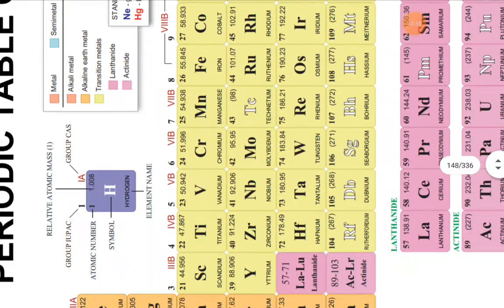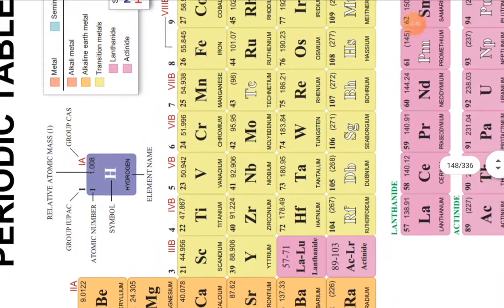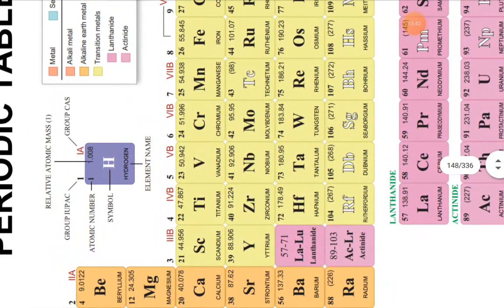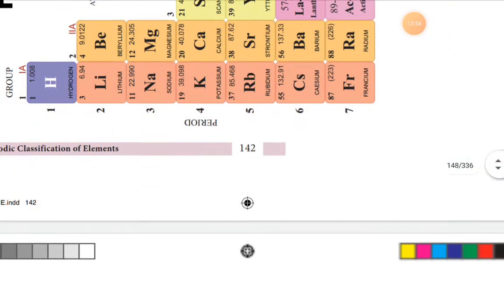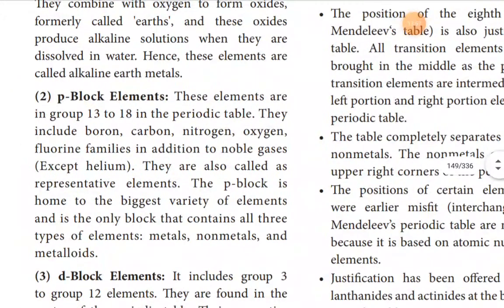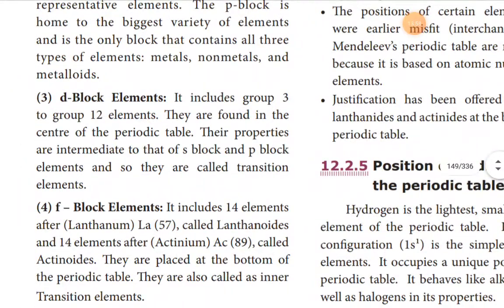So these are the first series of elements in groups 3 to 12, and below that there are more elements. These are the D block elements, with properties intermediate between the S block and P block, so they are called transition elements.